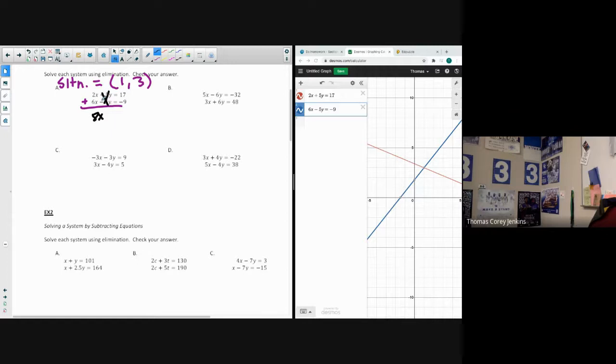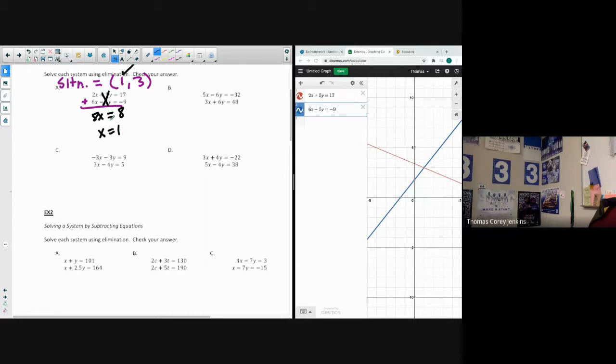You can put plus 0 there, but I like to just mark those out. And then equals 17 plus negative 9, or 17 minus 9. So that gives me 8x equals 8. That's a simple one-step equation where x is equal to 8 divided by 8, which is 1, which jives with our answer, so that's always good news.